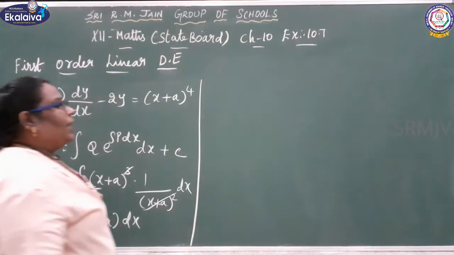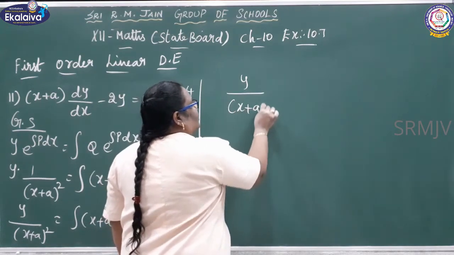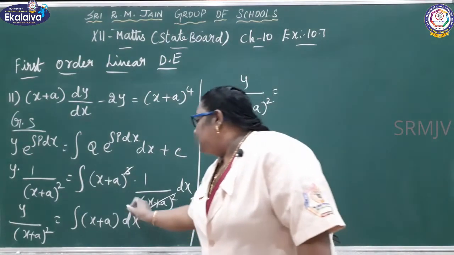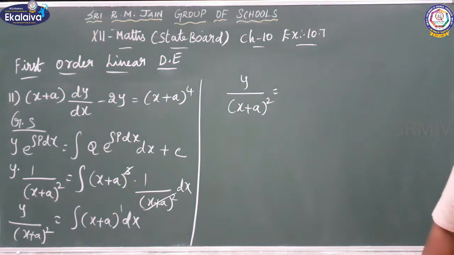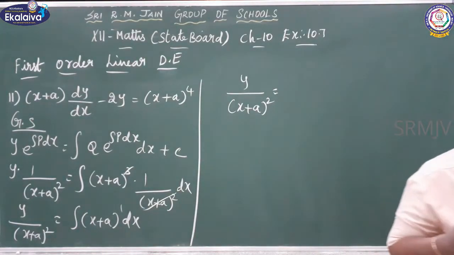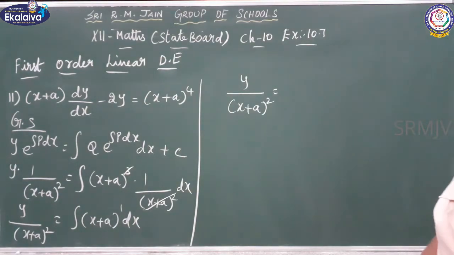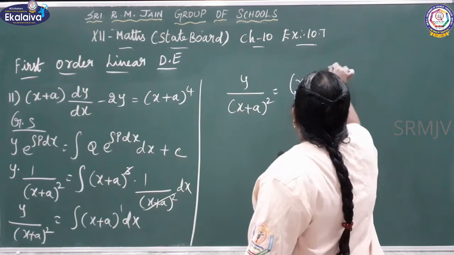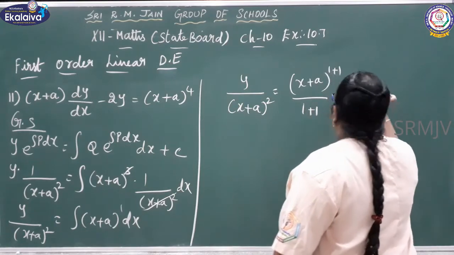See, y by (x plus a) the whole square equals integral of (x plus a). The power of x is 1, so we can apply the x power n formula. What is the x power n formula? x power n plus 1 by n plus 1. So you can take it as (x plus a) whole power 1 plus 1 by 1 plus 1, plus c.